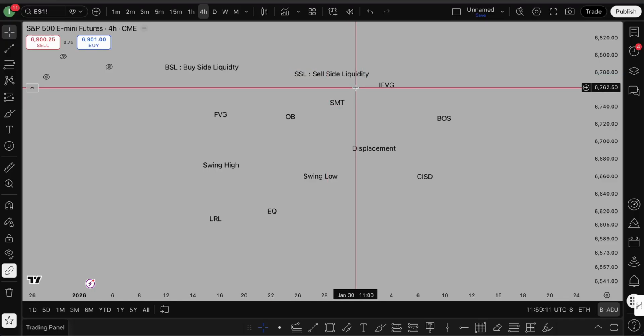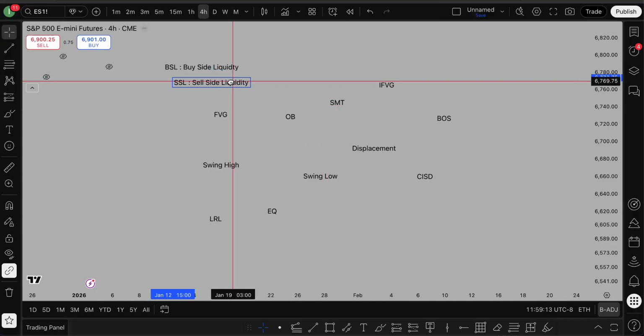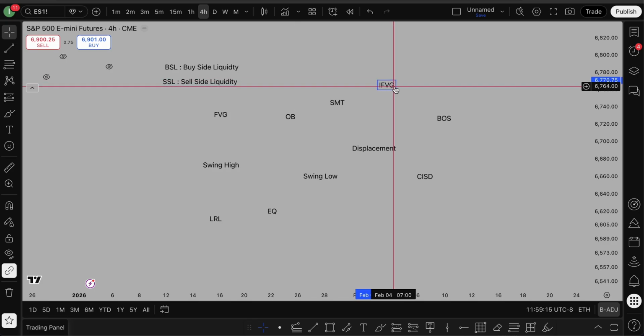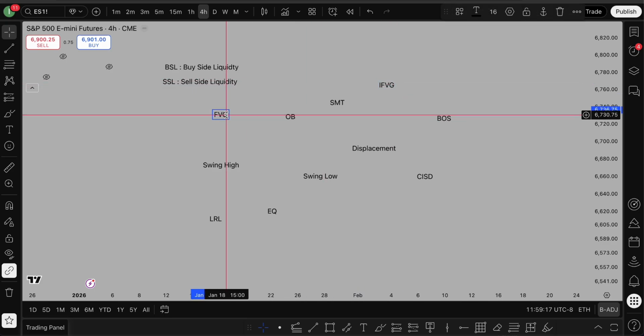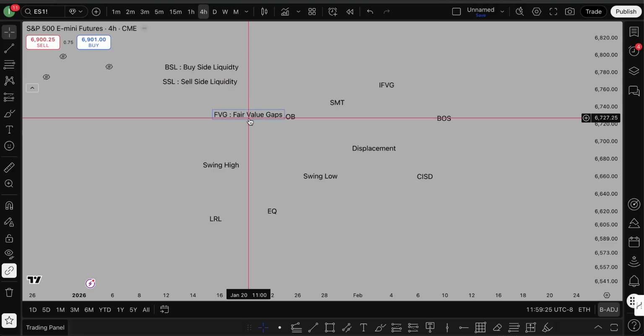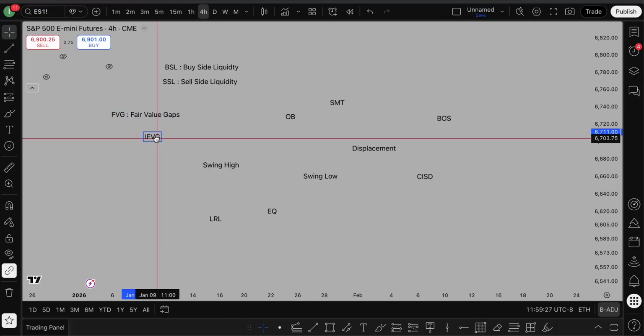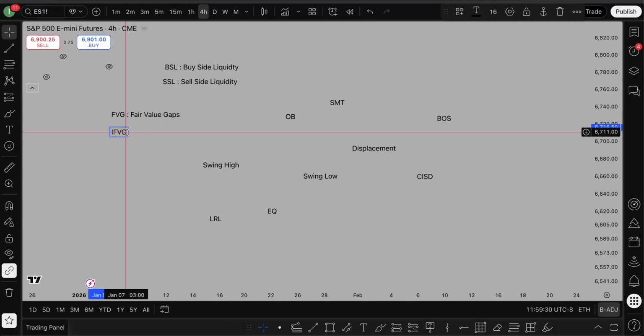Those are very correlated. We just went over in the last video fair value gaps, so that's why this is FVG. This is our fair value gaps. Now our IFVGs are very similar, but they're just inverse fair value gaps.